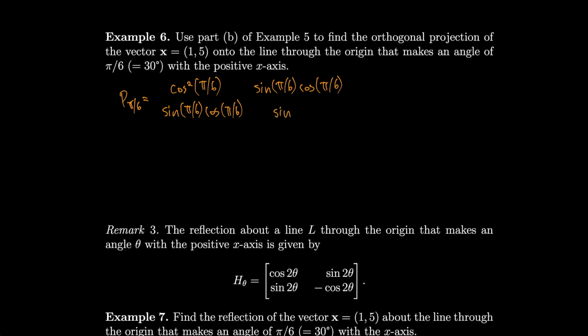This is just easier to compute because we're already computing sine and cosine of pi over 6, and we have sine squared and cosine squared. The other form was more compact, but sometimes this is easier to compute. You get 3/4, square root of 3/4, square root of 3/4, 1/4.